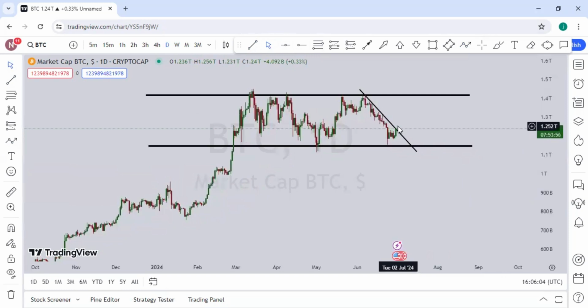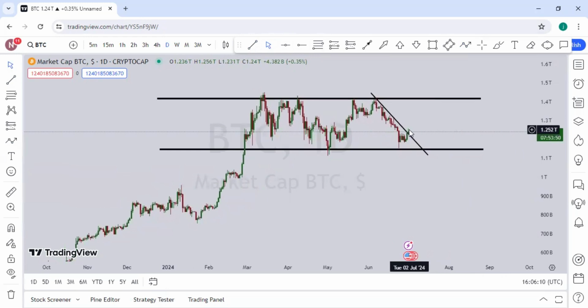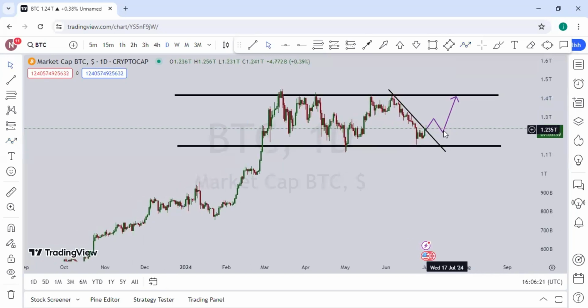The market almost broke this level, but you can see it's kind of a rejection, so I cannot call it a breakout. This is not a breakout. I want a proper breakout around here, then a retest, then I can take this trade to the downside, if the market gives me a proper breakout.